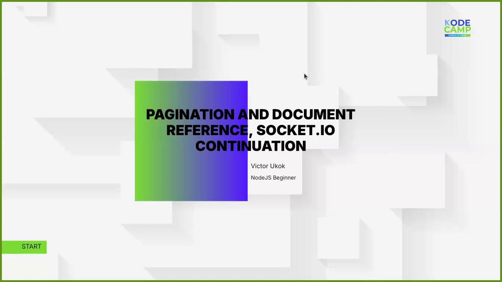Or on some websites, when you scroll to the bottom, let's take for example Jumia, there's always a 1, 2, 3 button, then there's next, there's previous. When you click next, it takes you to the next page. You click previous, it takes you to the previous page.